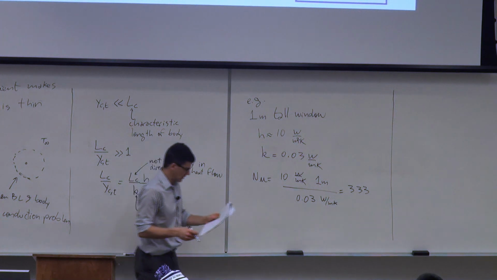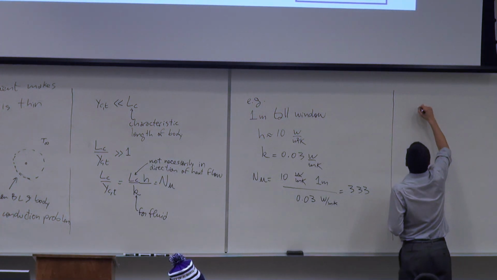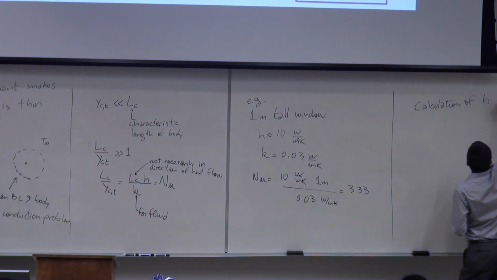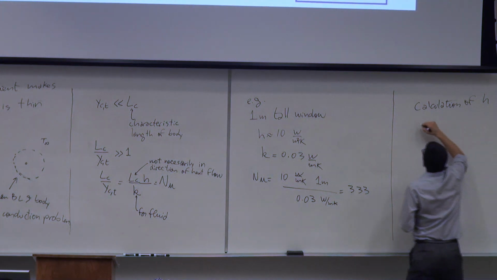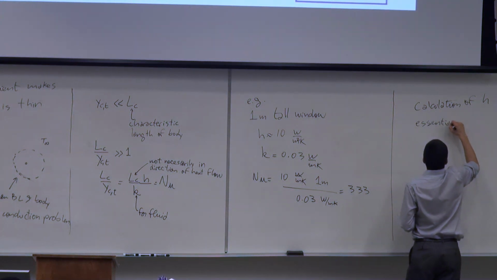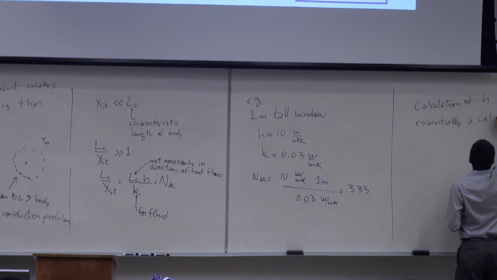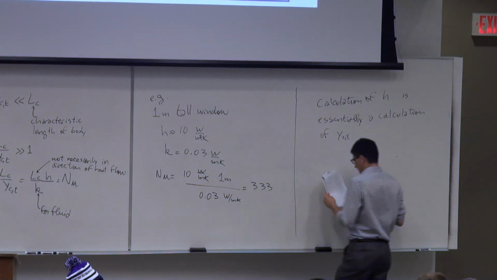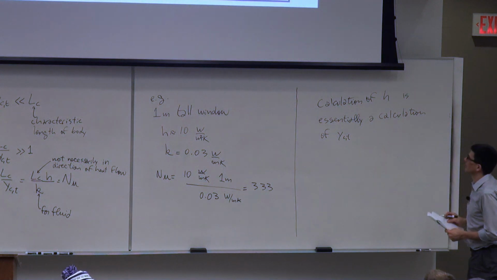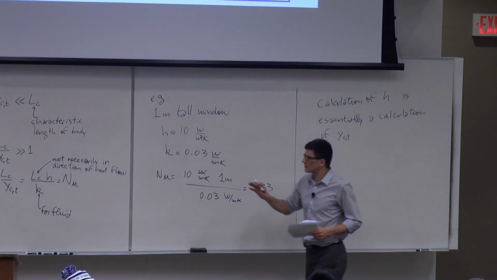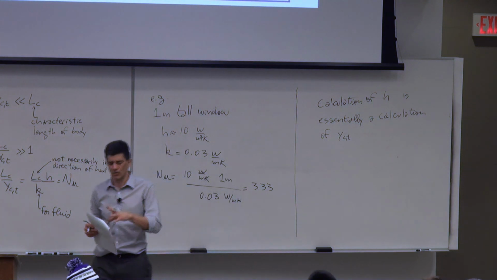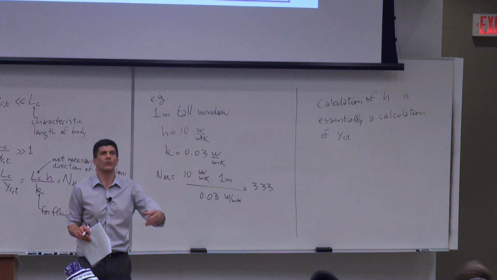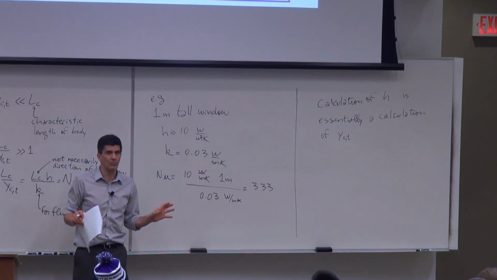So the calculation of H is essentially a calculation of this thickness of the boundary layer. Now, inside this YCT, inside the insulating blanket, we have conduction. Outside the insulating layer, we have advection, this motion of fluid. But inside, we have conduction, as if nothing was moving.